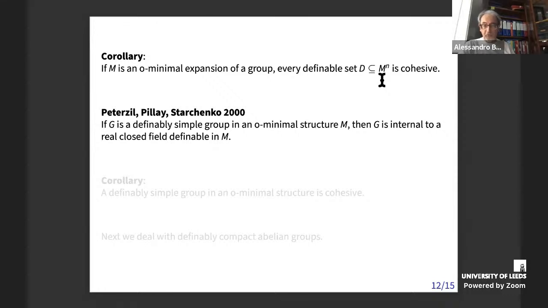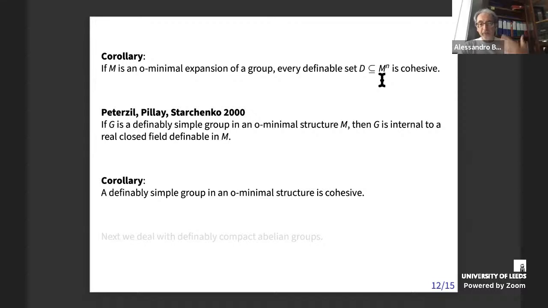But the real closed field is cohesive, so the group is cohesive. So simple groups are cohesive. So one-dimensional groups are cohesive. Simple groups are cohesive.